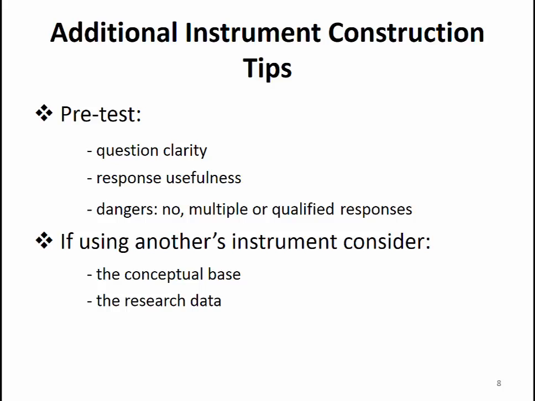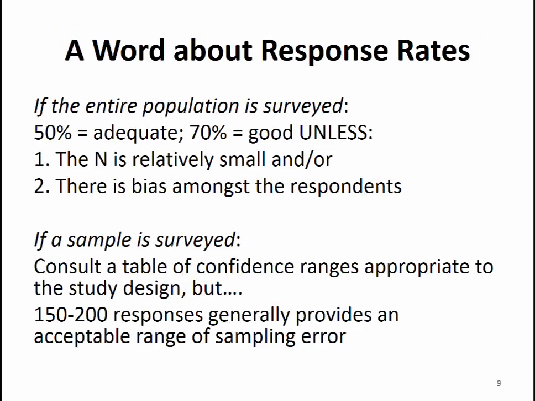Finally, I'd like to end with a few comments about response rates, as these are often misunderstood. If a survey is administered to the entire population, in other words, a sample is not used, the general rule of thumb has been that a 70% response rate is highly desirable, but 50% is sufficient.